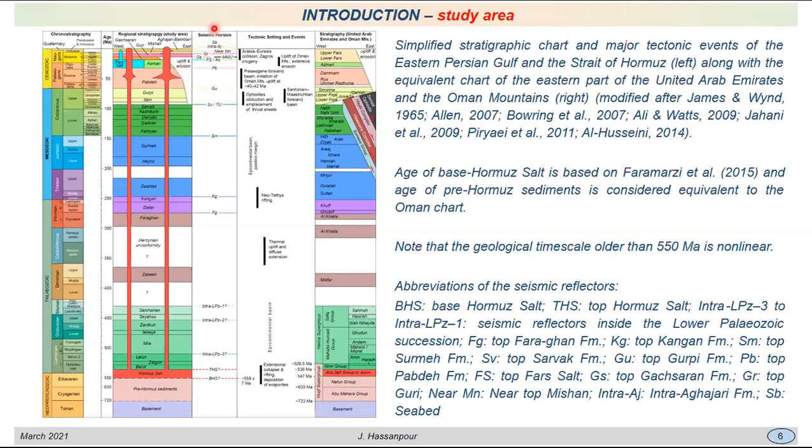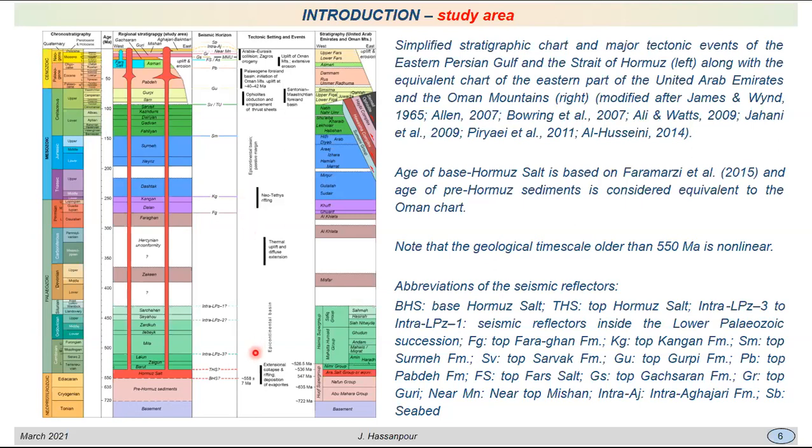This column shows the seismic horizons that we have defined in the work. The wells in the study area just drilled this part of the stratigraphy, so we have used the wells to define the seismic horizons. For these two seismic horizons in the Permian and Triassic interval, we have used the other wells in the central Persian Gulf and tried to follow them on seismic lines toward the study area.